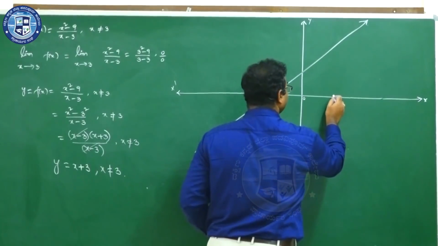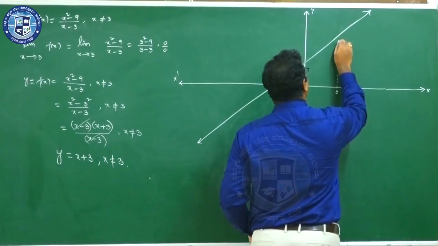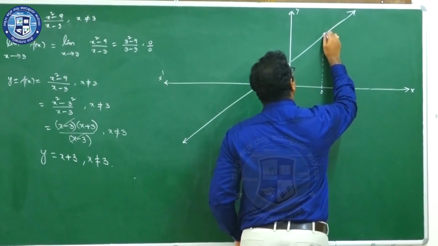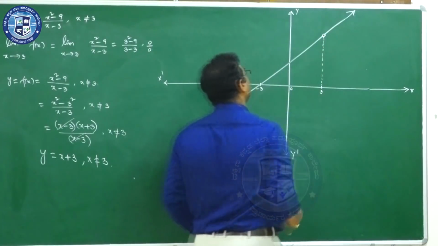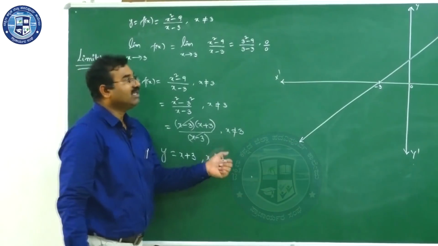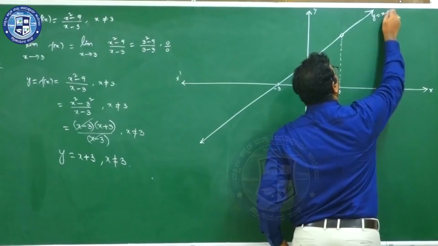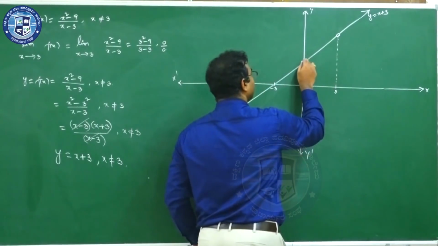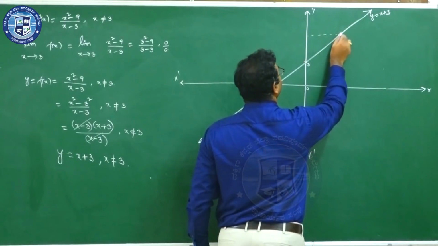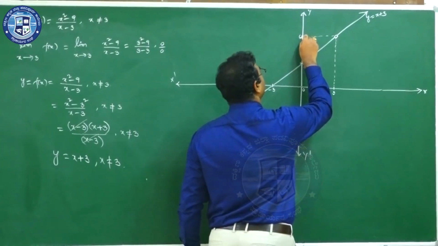Somewhere 3 is there, we just assume. There will be a gap in this place. Why? Because x is not equal to 3. When x is 0, this value is 3. And this is going to be 6. This is the y value here.